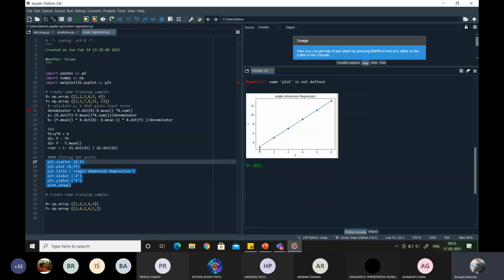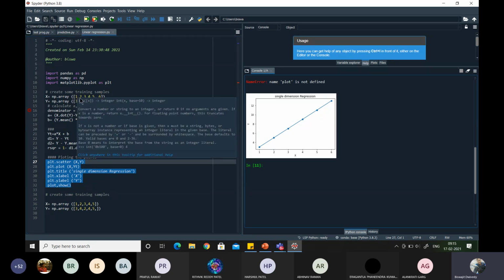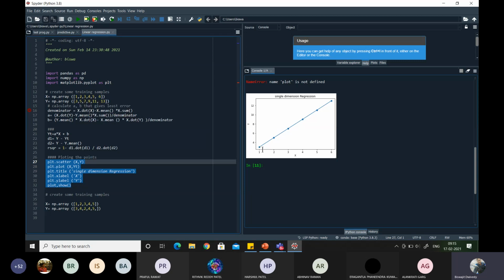Whatever input values or training samples were given to us, 1 3, that is here. The second point was 2 5, that is also lying on our regression line. Third point, 3 comma 7, that is also lying on our regression line.